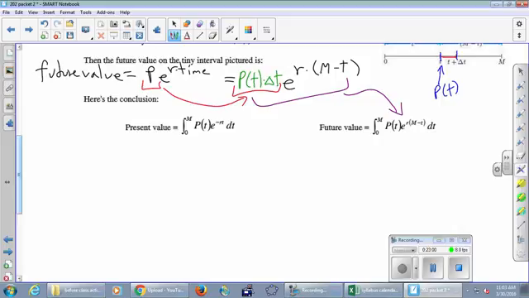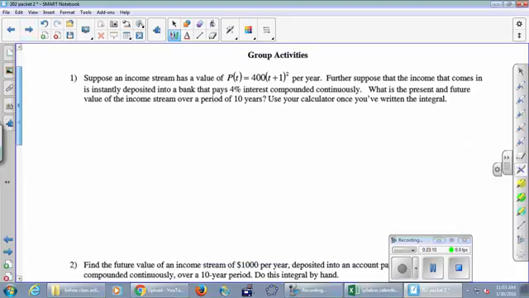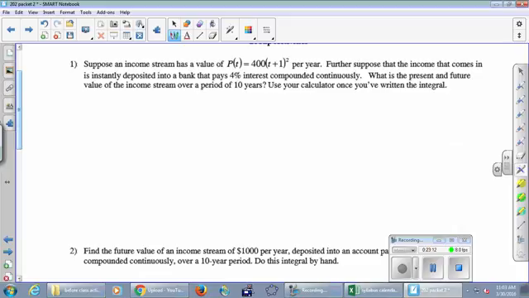Okay, so how about we take a look at the activities? There are so few of us, why don't we just do this first one together? We haven't actually done any calculus ones together today. Suppose an income stream has a value of that formula. That's our tutoring formula. We'll suppose that the income is instantly deposited into a bank that pays 4% interest compounded continuously.